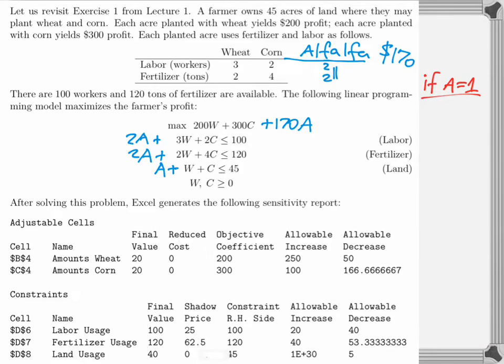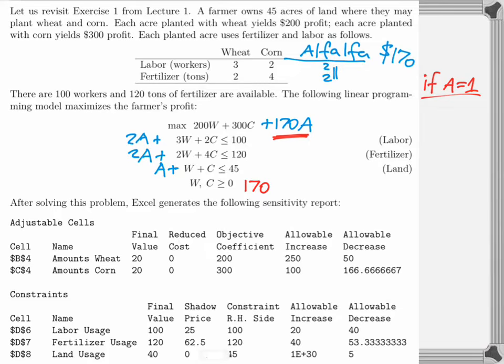For example, if I plant 1 acre with alfalfa, well, I get this $170. So this is a nice thing about doing alfalfa. So I'm going to get 170.